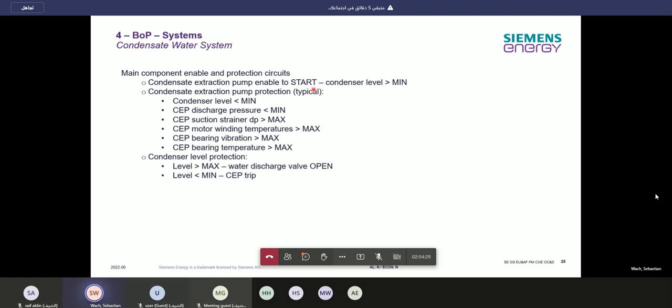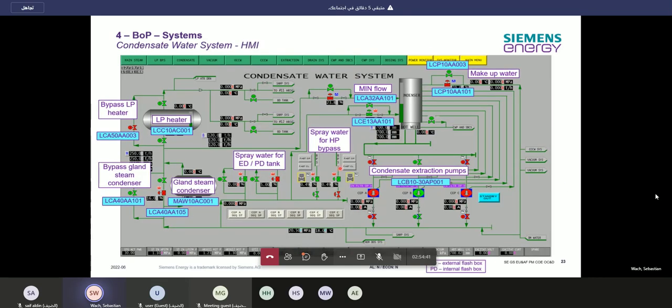I say typical, they should trip normally, but you probably need to check inside the system whether it's really implemented. So when you get level low, it should go to the protection of the CEP pump.